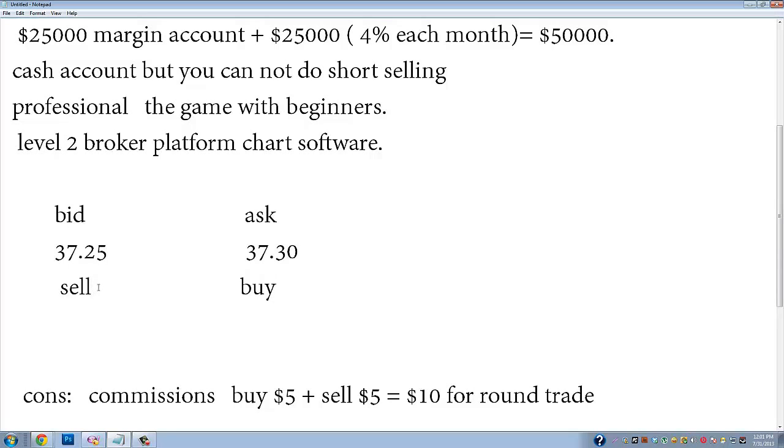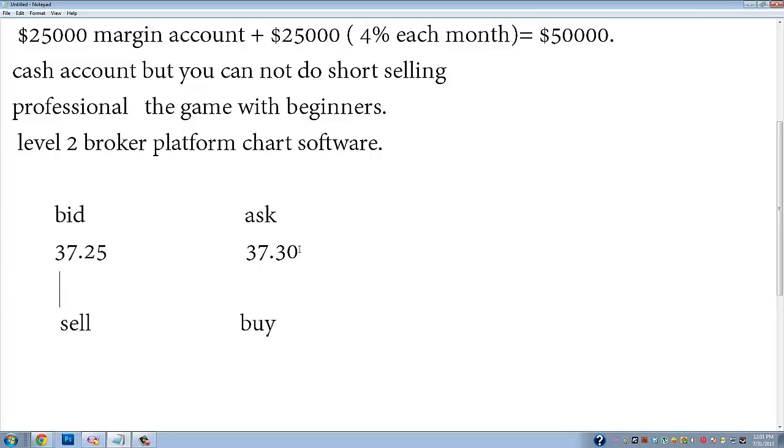Okay, they give you a lot of bids, like this. For example, 37.24, like 37.20.